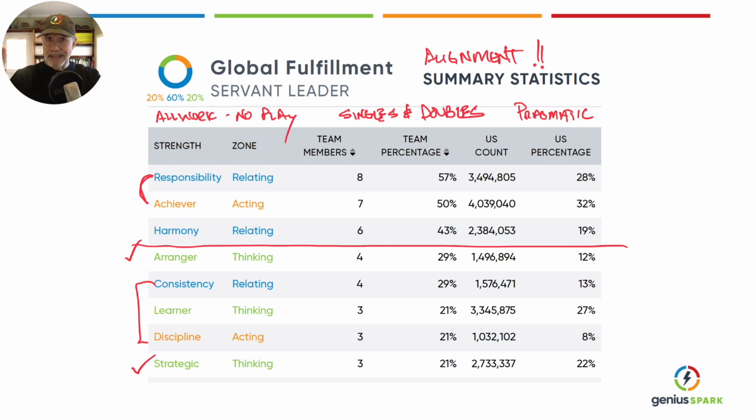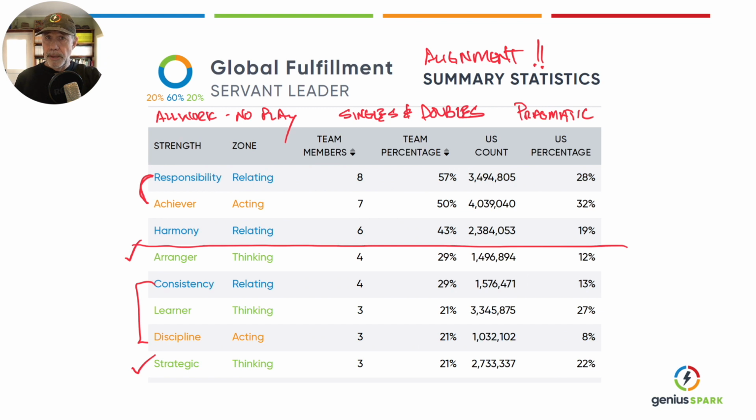Now you can see that these are the top two strengths of the team. So this gives you a little bit of insight into what this team is all about. They're overachievers. And if you look at the percentage on the team versus the database, when there is a broad higher spread between the percentage on the team versus the database, that's also an indication that it's even more amplified than just the number 1 and 2.